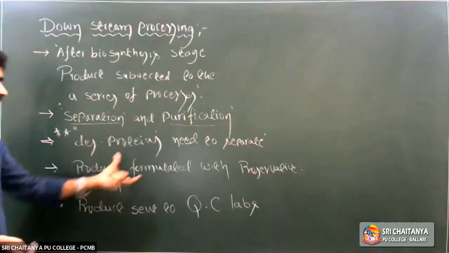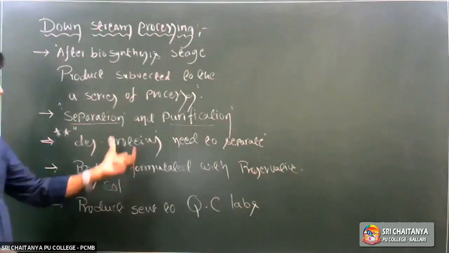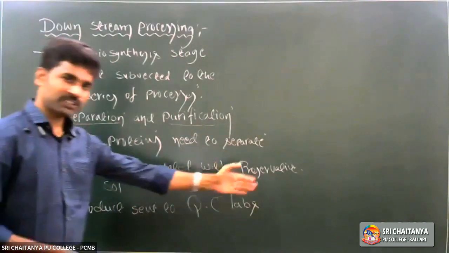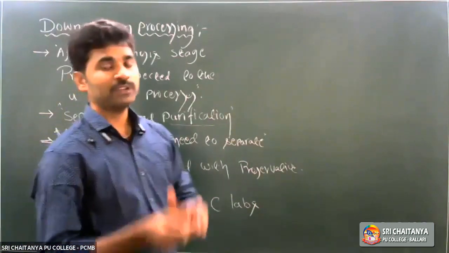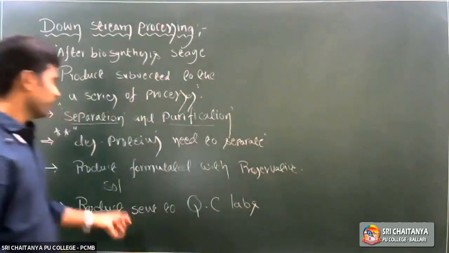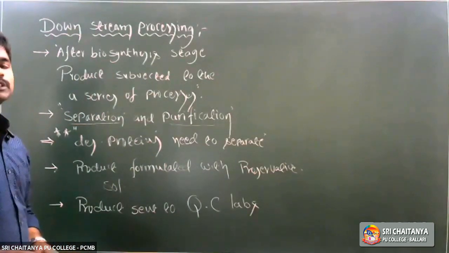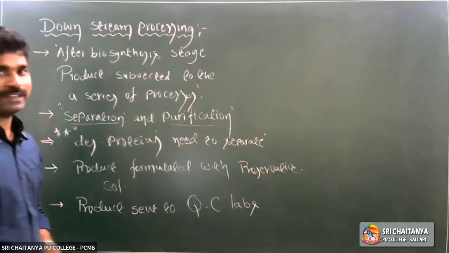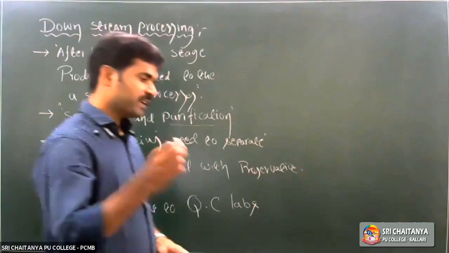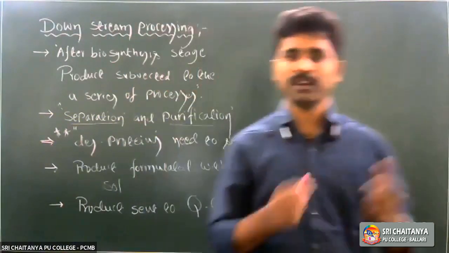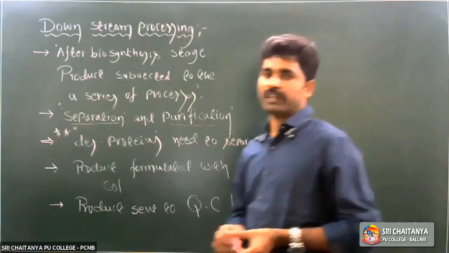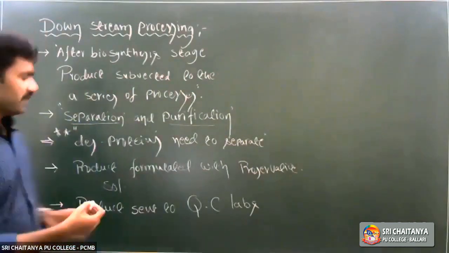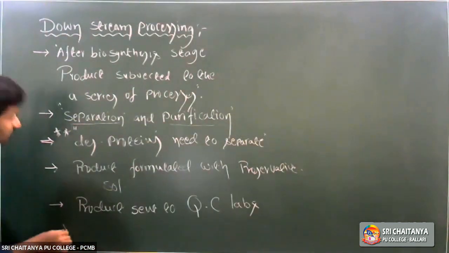After the product is formulated with preservative solution, it is sent to quality control laboratories to check the quality of the product. If it is viable or suitable, that product is sent to the public for utilization, for usage. Then next one.